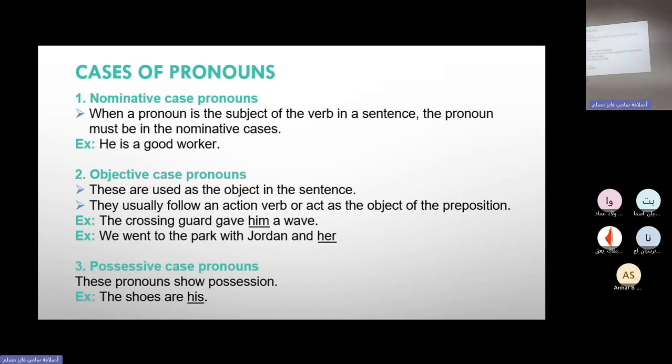We went to the park with Jordan and Mary. Her مع ميري ومعها. في 3 أشخاص: We وجوردن وهي، her. 3 موجودين في السيتنج.